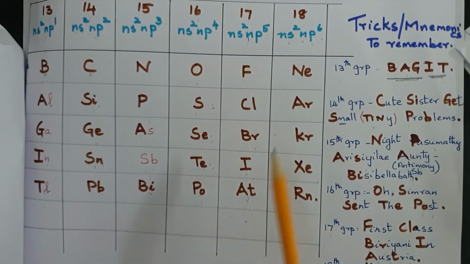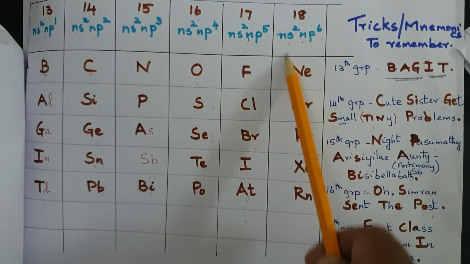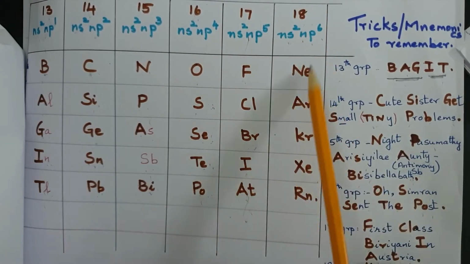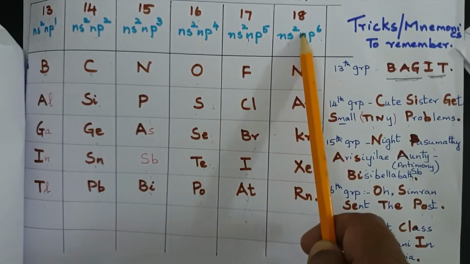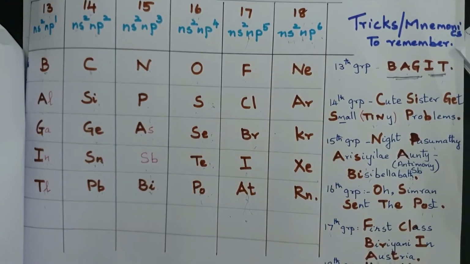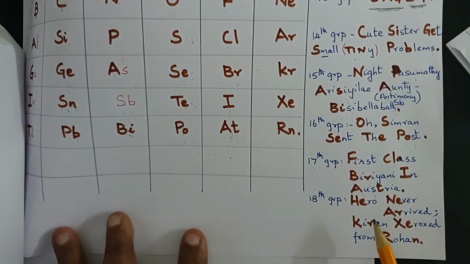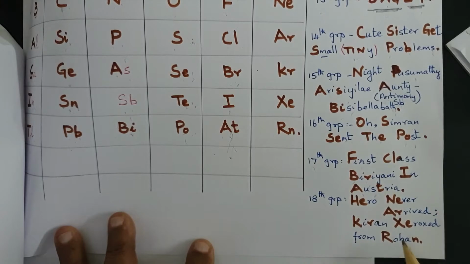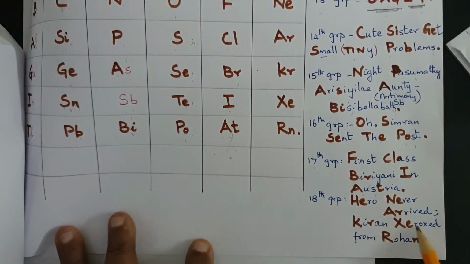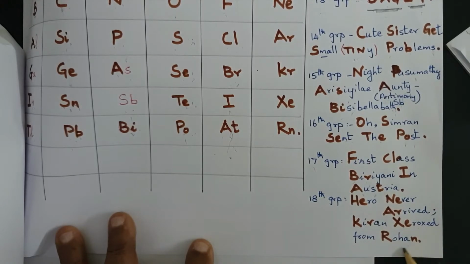And lastly, we come to the noble gases or the inert gases, which comprise the 18th group with the configuration ns2np6. You can remember it as: Hero never arrived, Kiran xeroxed from Rohan. I'll repeat, hero never arrived, Kiran xeroxed from Rohan.